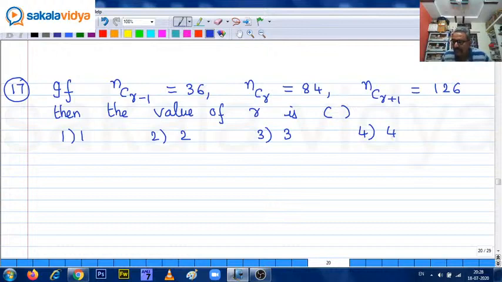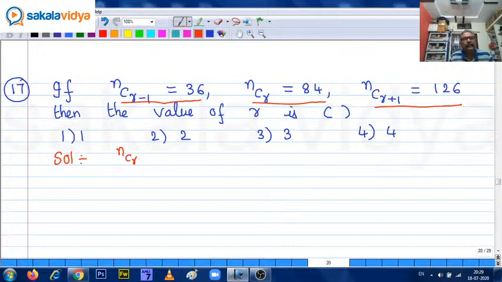Right. See, n C r minus 1 is equal to 36, n C r is equal to 84, n C r plus 1 is equal to 126. Now let us do like this. n C r upon n C r minus 1, write down.